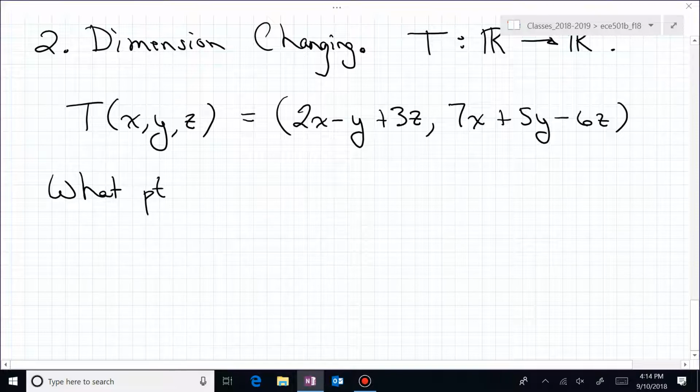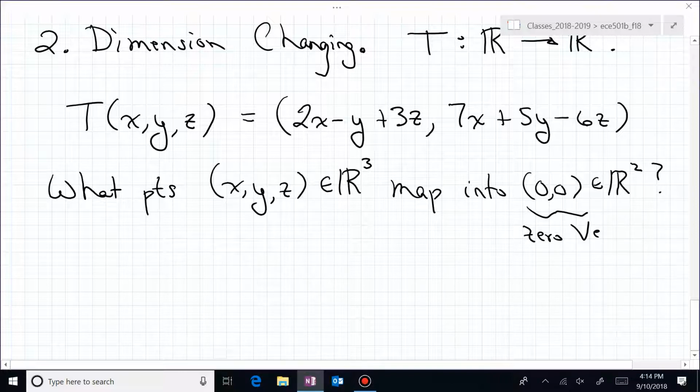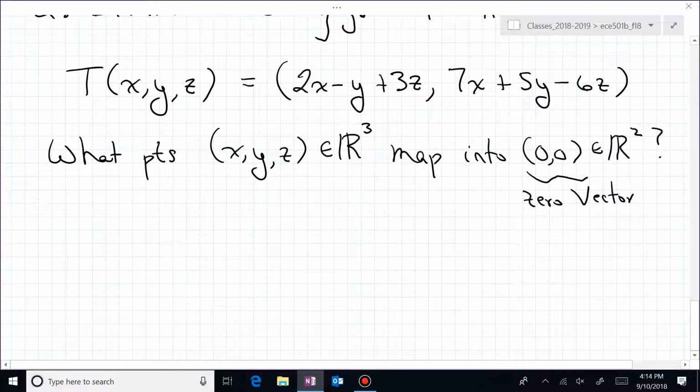Or what points x, y, z that belong to R3 map into 0, 0 in R2? So here's the 0 vector. And what do we see that might do that?